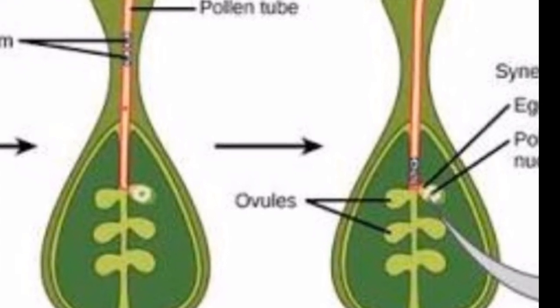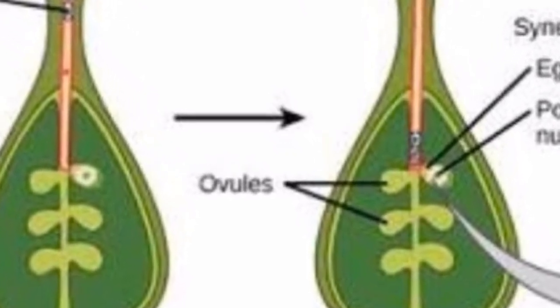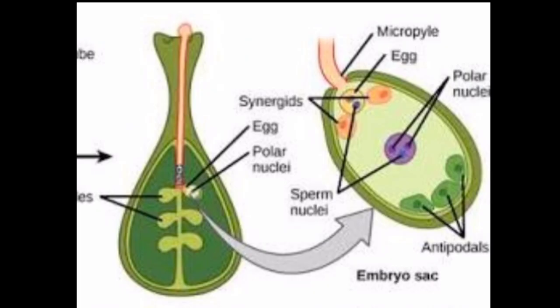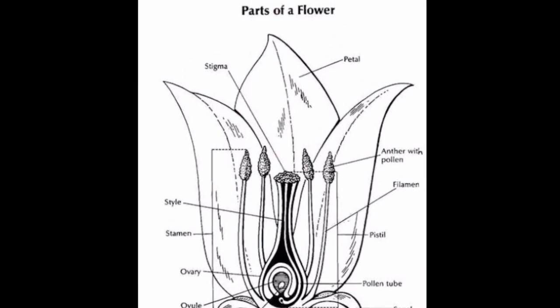Yeah, now look here, they are entering ovule. And as soon as the sperm cell enter ovule, there are egg cell. These egg cell get fertile, and then finally fertilization take place.